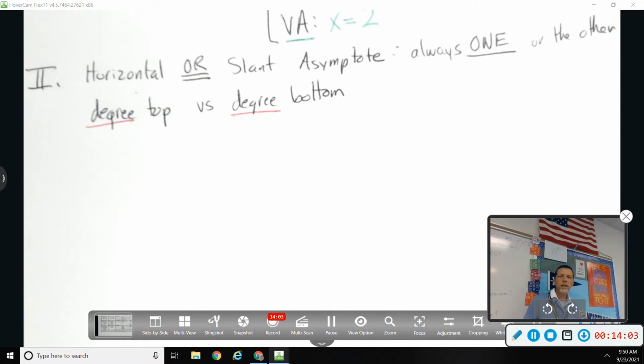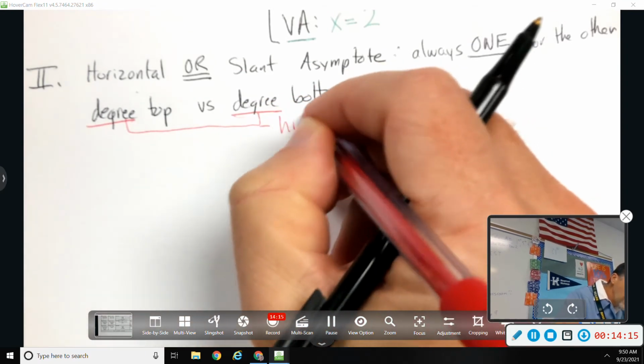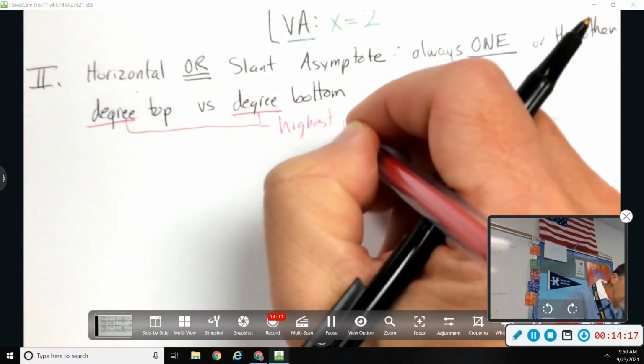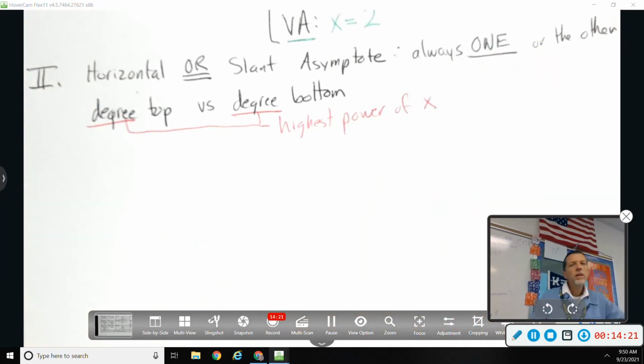What does that mean? The highest power of x. The highest power of x is what will determine whether we have a horizontal or a slant.